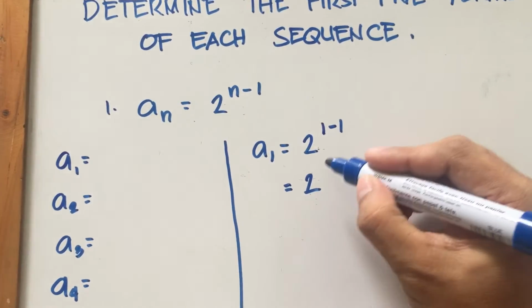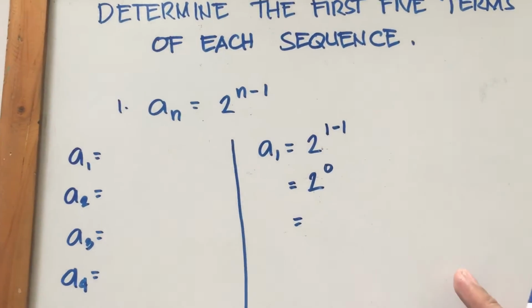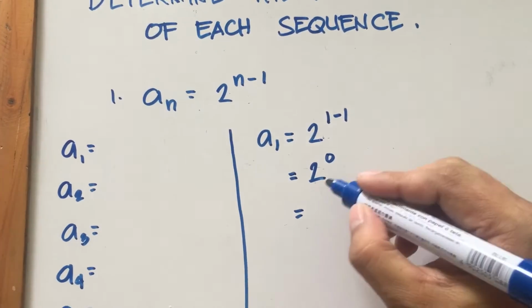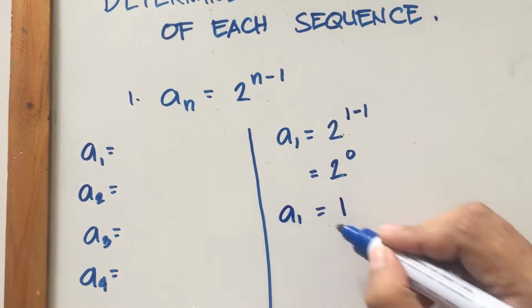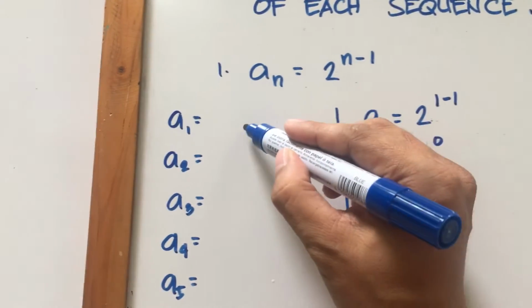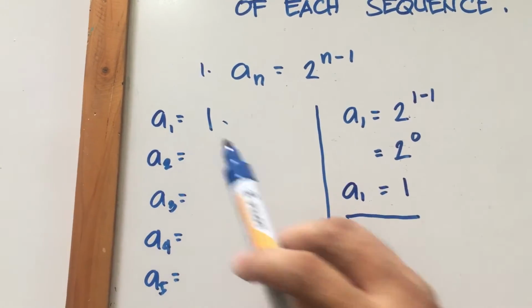What is 1 minus 1? That is equal to 0. And 2 raised to the power of 0, according to the laws of exponents, is equal to 1. So your a sub 1 is equal to 1.